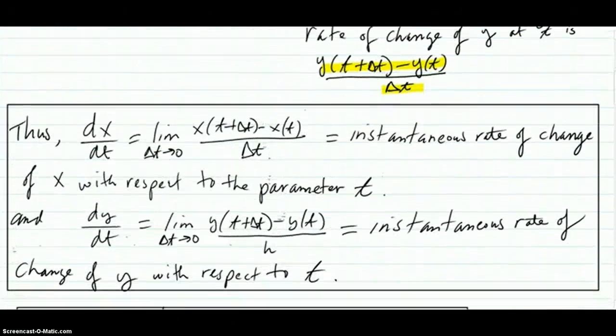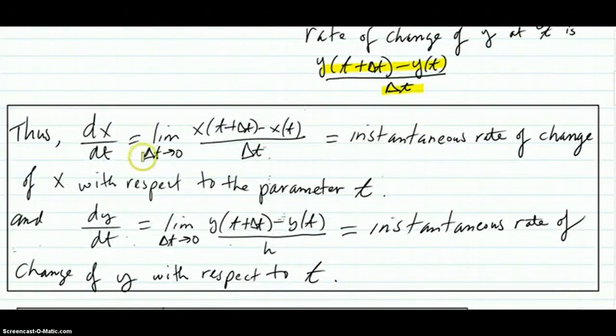Thus, when we have delta t going to 0 in a limit, we get the instantaneous rate of change of x with respect to the parameter value of t, and we can call that dx/dt. We can also call it x prime of t.